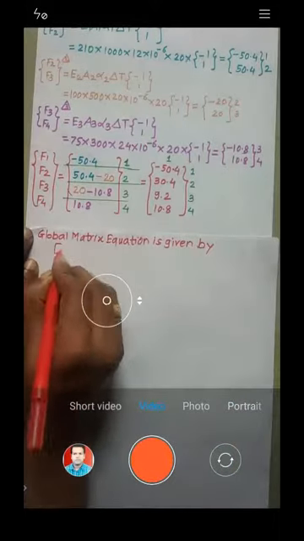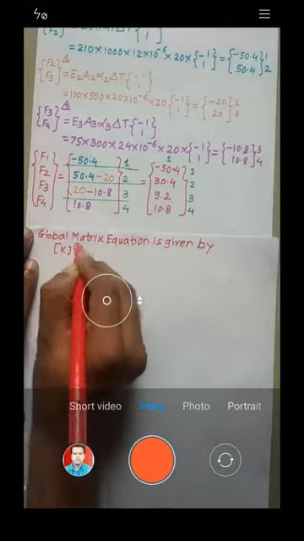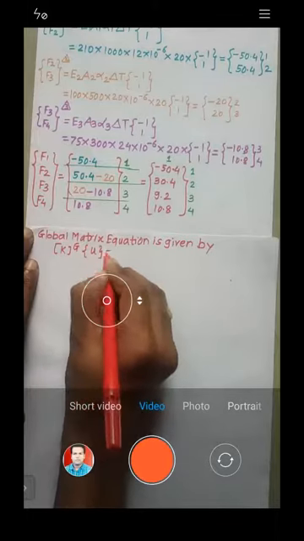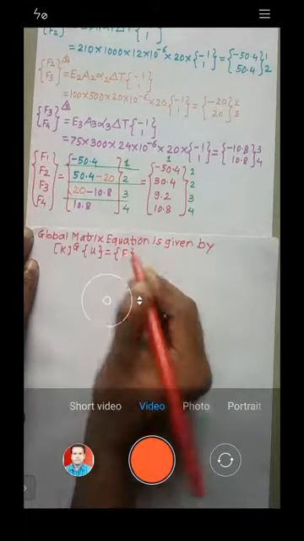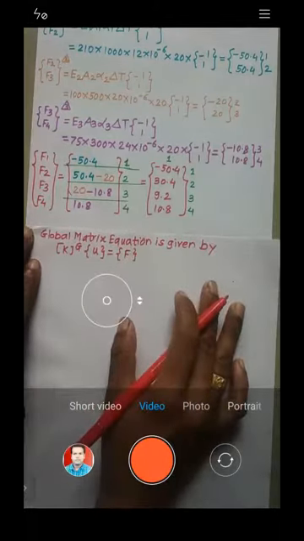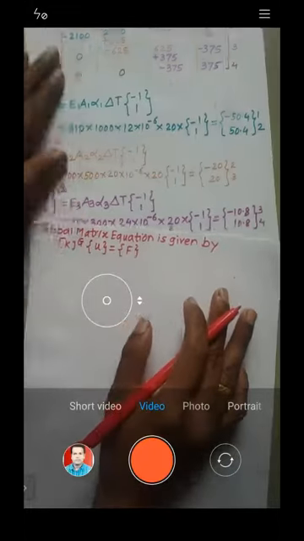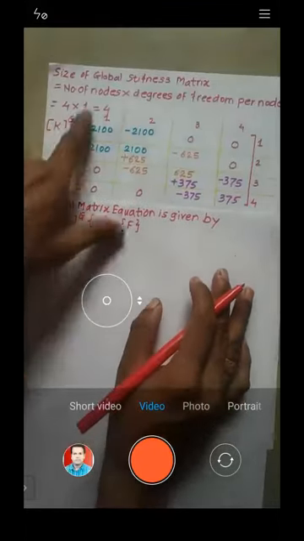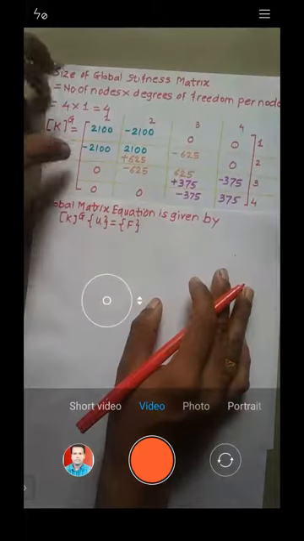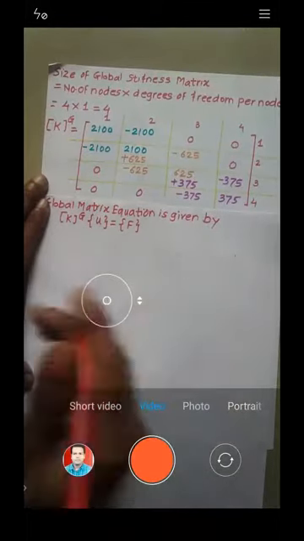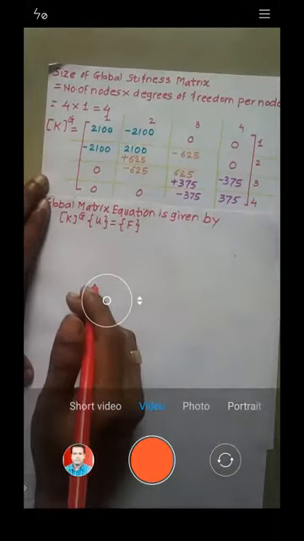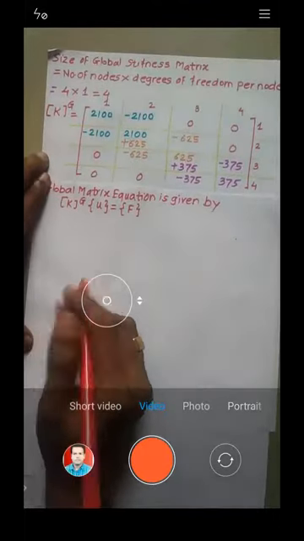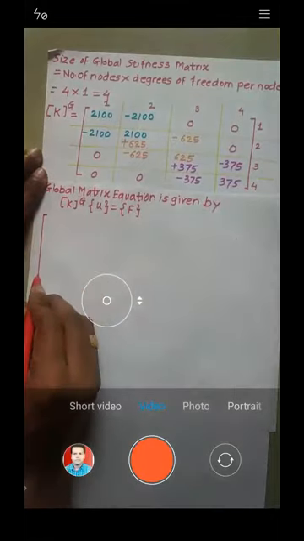It is basically the global stiffness matrix multiplied by the displacement, equal to the force. That is our global matrix equation, right? Just a while before we wrote this global stiffness matrix, so I just need to copy those matrices as they are here.